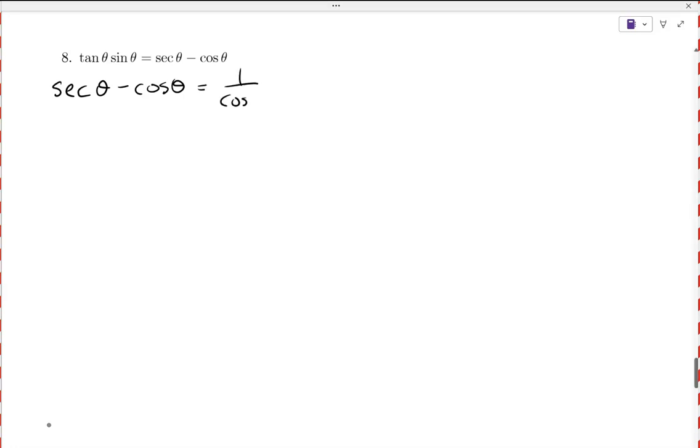Good. Make secant 1 into 1 over cosine, because now that allows you to do what? Get a common denominator and combine the fractions, right? So to get a common denominator, we should do what? Yeah, good. So I need to multiply the second piece by cosine over cosine, right?